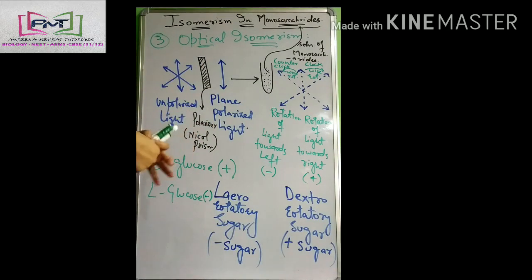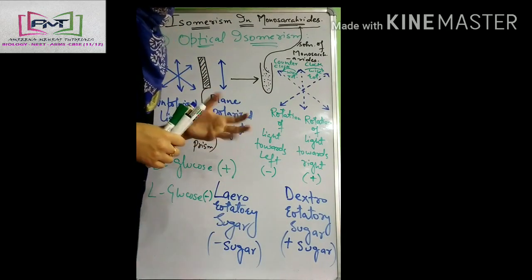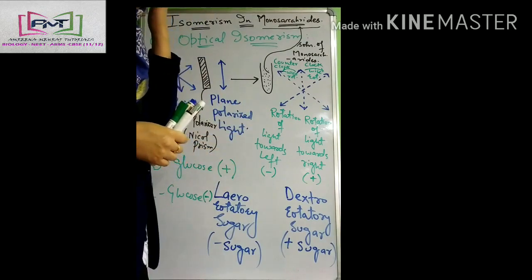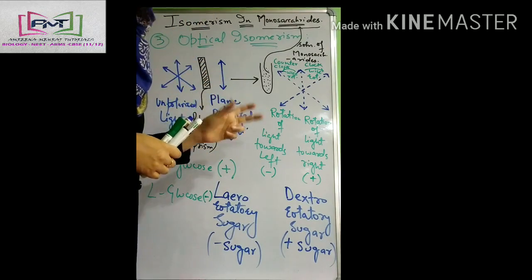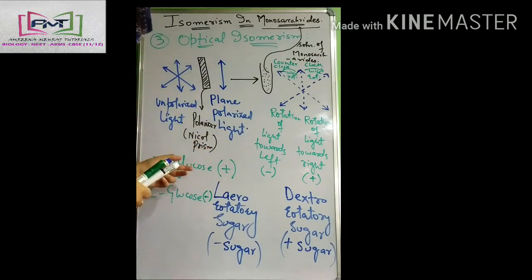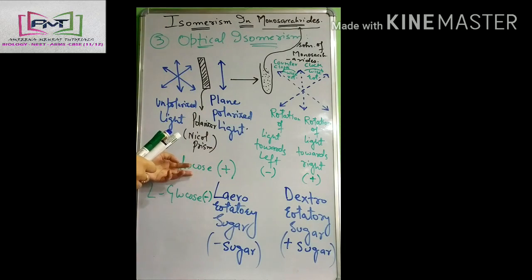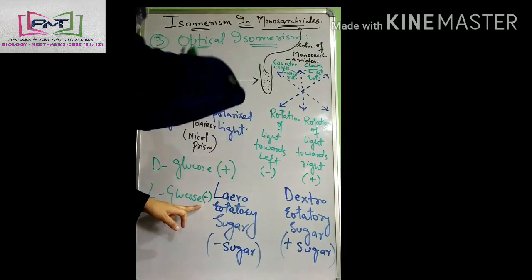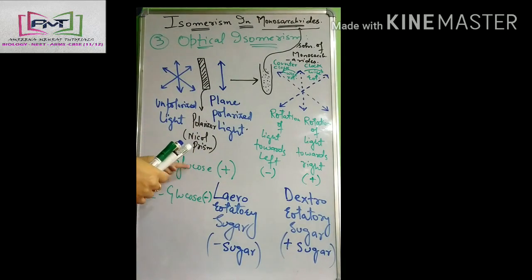In order to understand which sugar is dextrorotatory and which is levorotatory, you need to remember out of two enantiomers, which one is dextro. If you know which one is dextro, then automatically its isomer is going to be levo. Very good. So if D-glucose is dextro, then L-glucose is levo.